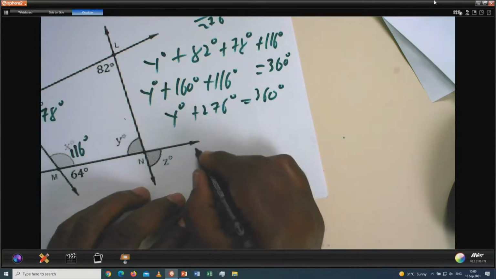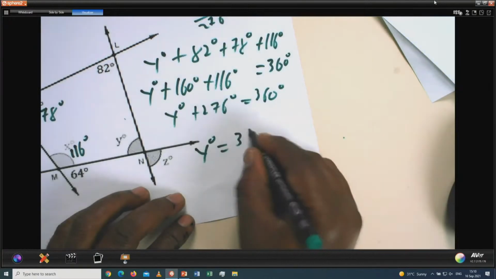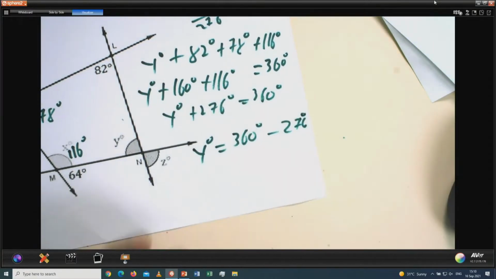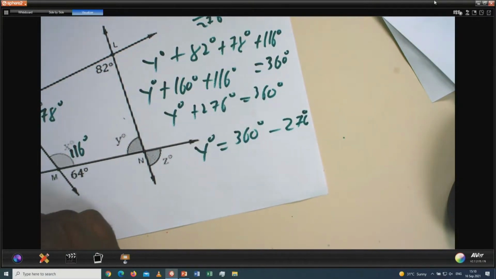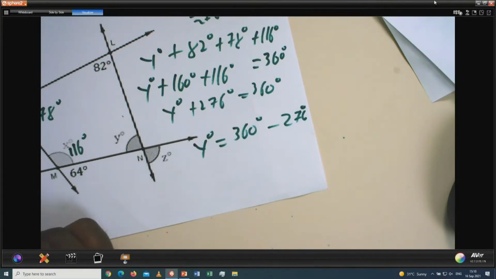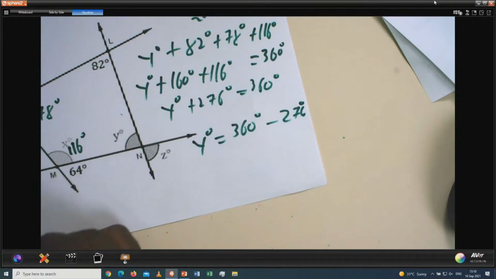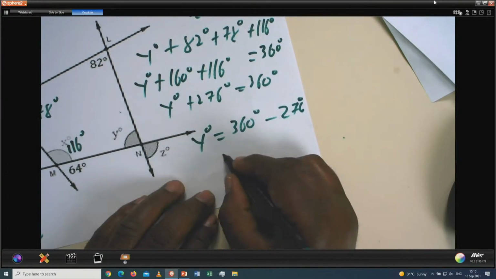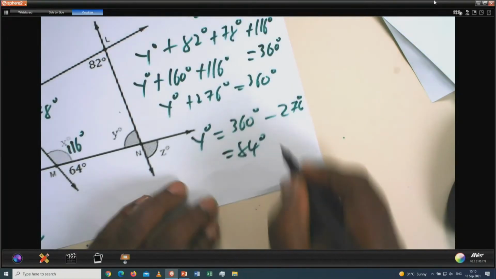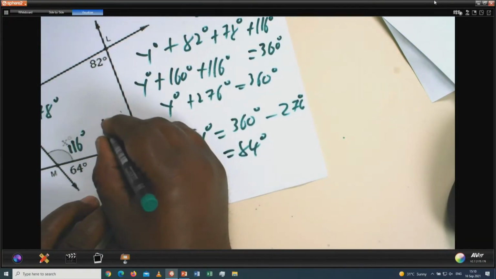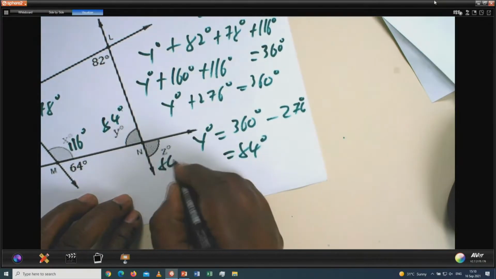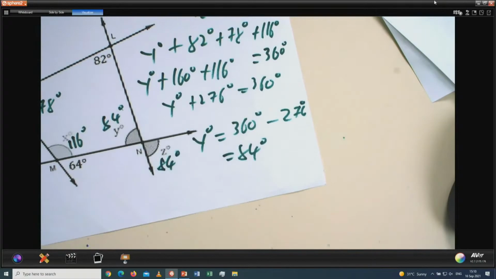Your Y transposes to 360 degrees minus 276 degrees, which is 84 degrees. And if this is 84 degrees, what is your Z? Vertically opposite, it is 84.